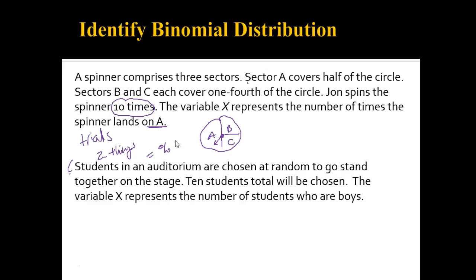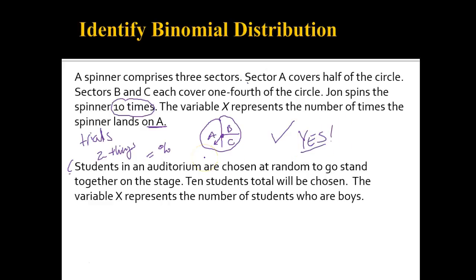Does not land on A, that's a failure, so that's cool. And then are the probabilities the same? Yes. Probability of landing on A every single time is 50%. Probability of not landing on A is also 50%, 25% plus 25% for B and C. And so this is a binomial distribution. This is a good one. Okay, so we're going to say yes.